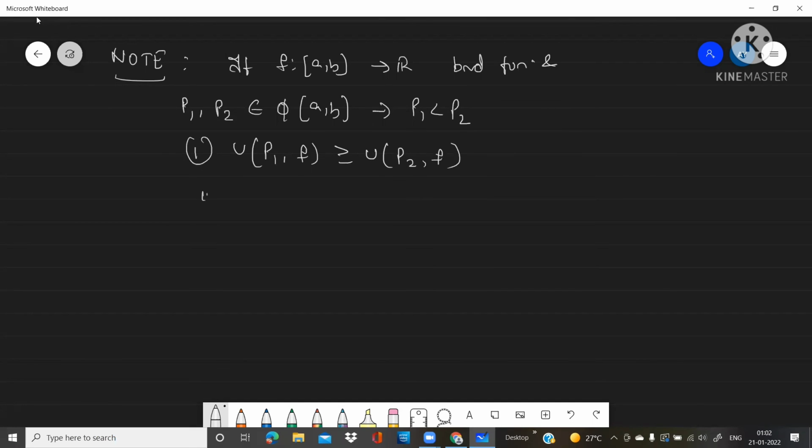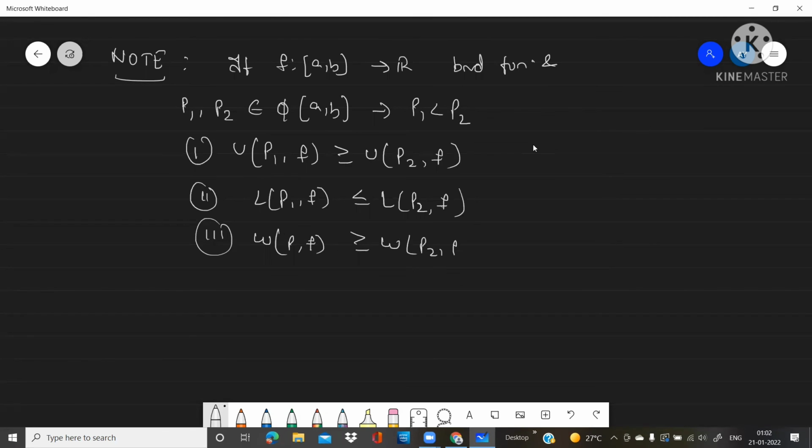This is the first bit. The second says L(P1, f) is less than or equal to L(P2, f). And the third one is the oscillatory sum: W(P1, f) is greater than or equal to W(P2, f). So this is a note point. And the next theorem we will continue in the next class.